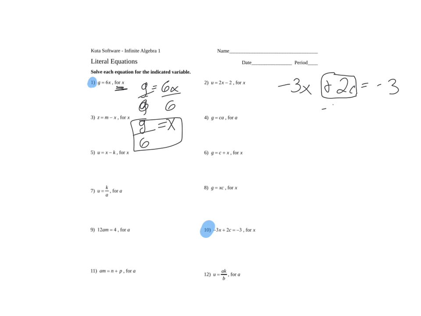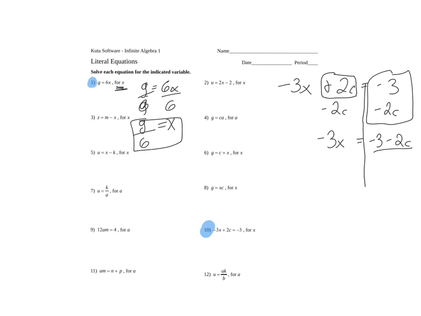We're going to get rid of it by subtracting 2c from both sides of the equation, okay? So what that's going to give me is negative 3x equals negative 3 minus 2c. I just took this, and since I couldn't combine it, I rewrote it down here.